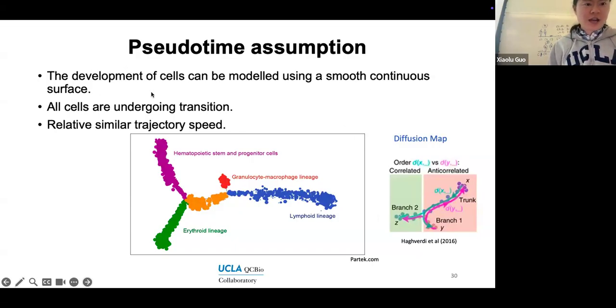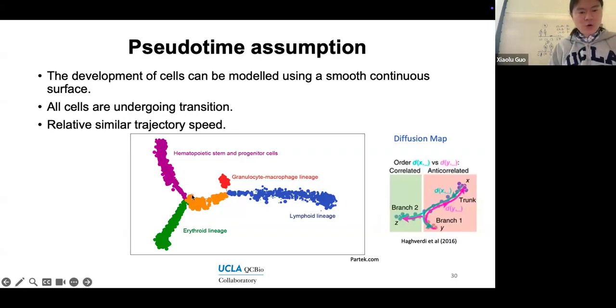And all cells are undergoing transition. It means that a single cell can go from, for example, the hematopoietic stem cell toward the myeloid cell lineage, and also toward another lymphoid cell lineage.